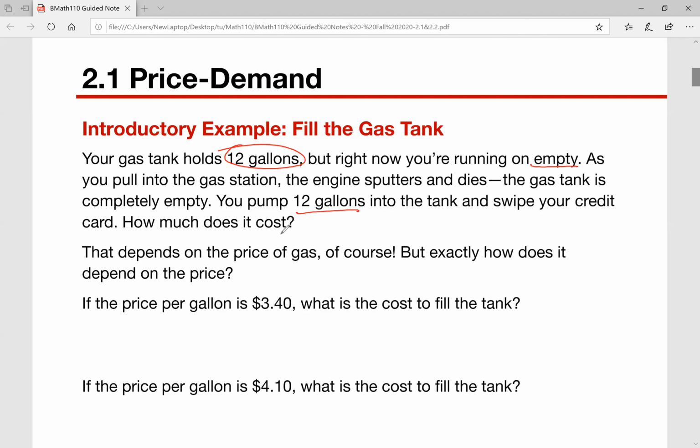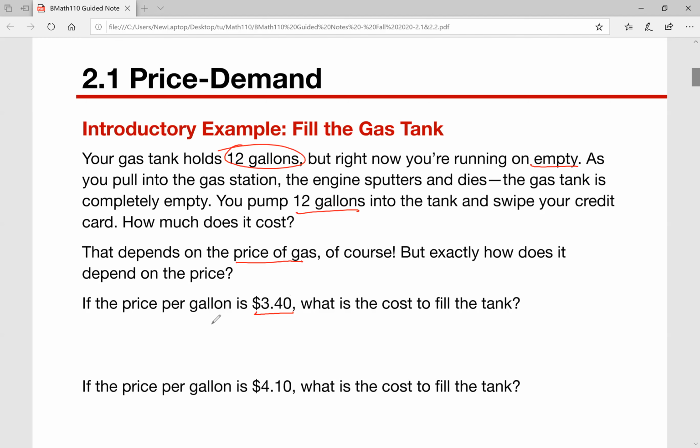So this problem says that it depends on the price of the gas, right? But exactly how does it depend on the price? Say if you go to a gas station and the price per gallon is $3.40. What is the cost to fuel the tank?